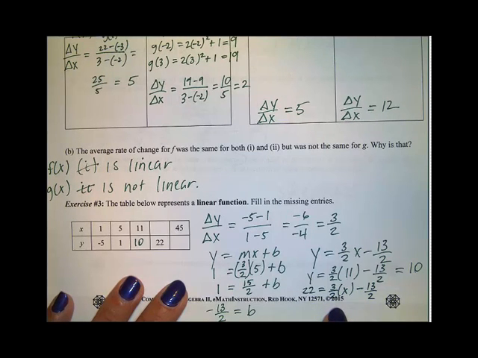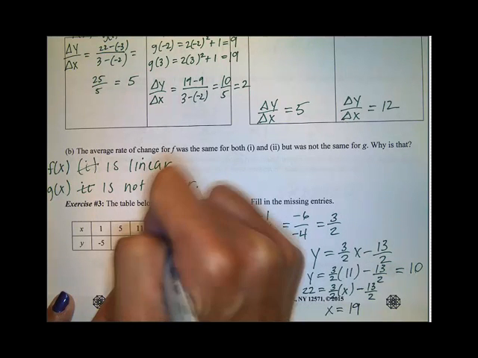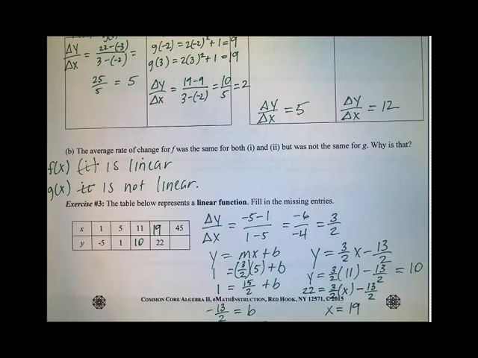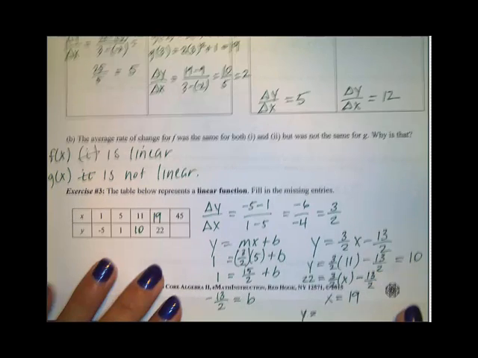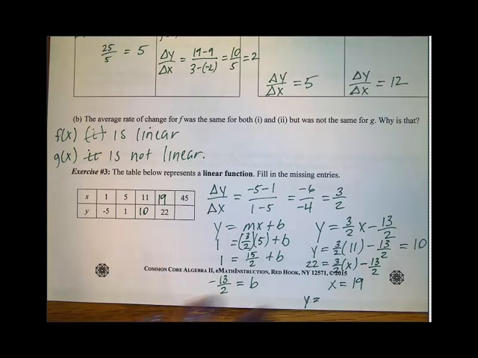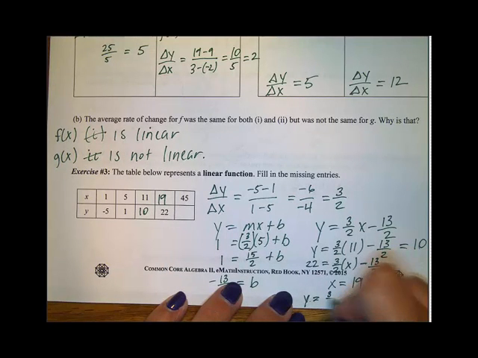So I could divide by 3/2 or multiply by 2/3. And I get x to equal 19. And the last one is 45. So y equals 3 over 2 times 45 minus 13/2, and I end up with 61 as an answer.